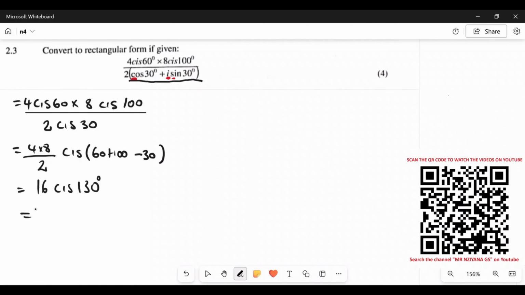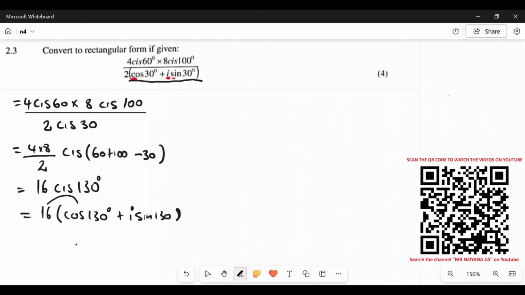So what you need to do now, you need to write it in this manner where you write the modulus and then open bracket, you write cos 130 degrees, plus imaginary number sine 130. There we go. So this is what we have now. So all we have to do here is to use our calculators, and then we can get our values there.